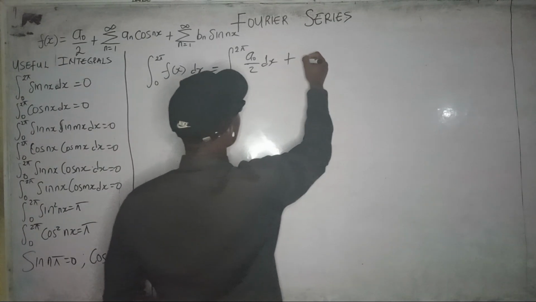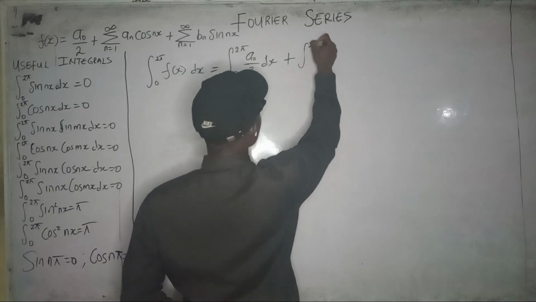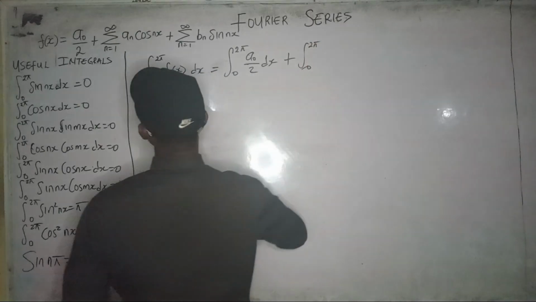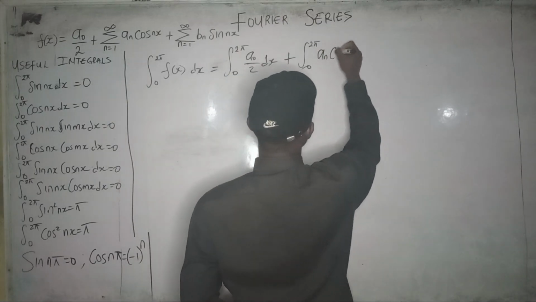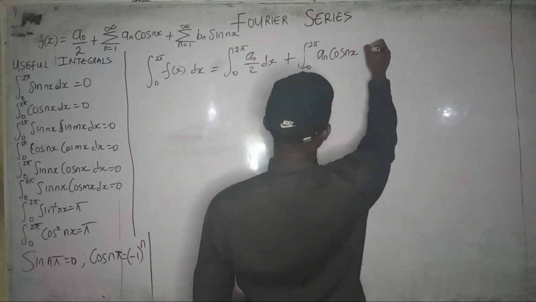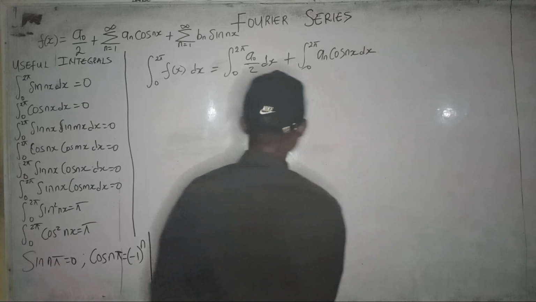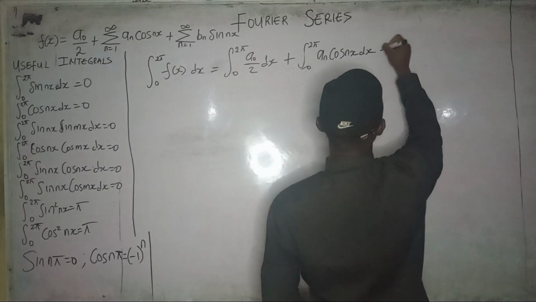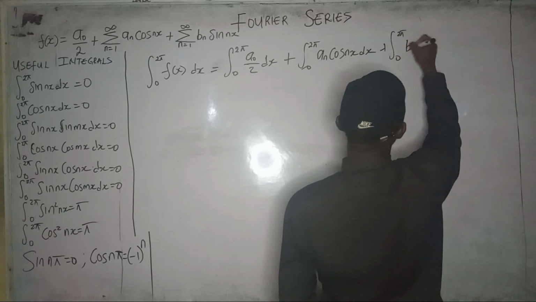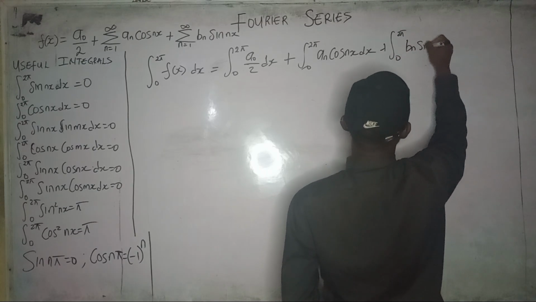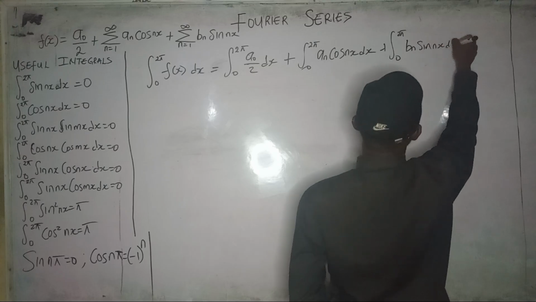Also plus the integral from 2 pi to 0 of a n cos nx dx. We also have plus the integral from 2 pi to 0 of b n sin nx dx.